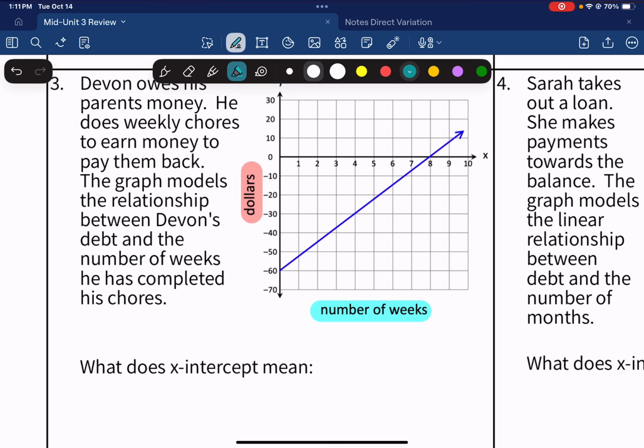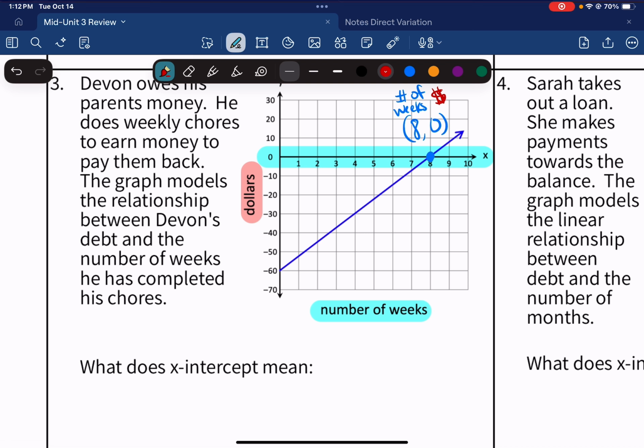So our graph crosses the x-axis at the point here, (8, 0). Oops, I wanted to use blue. Here we go. (8, 0). So I know the 8 represents the number of weeks, and I know that the y value represents dollars.